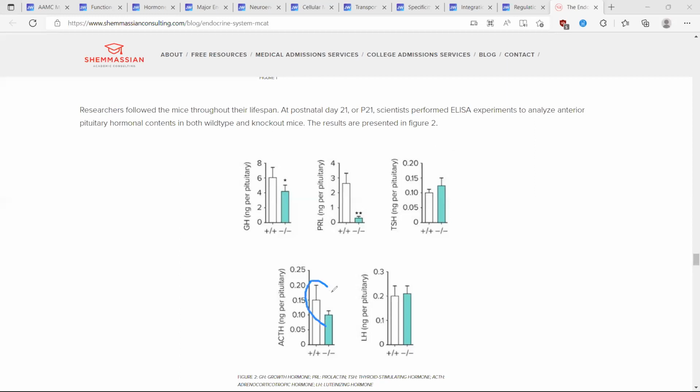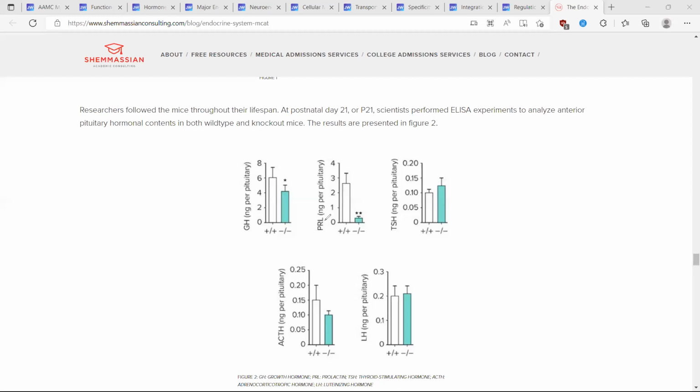You would not be able to say that by knocking out that ZBT, we saw a significant decrease in adrenocorticotropic hormone. We didn't, because these guys are still within the margins of error. So it could be that it's just a random change and not significantly because of the ZBT.